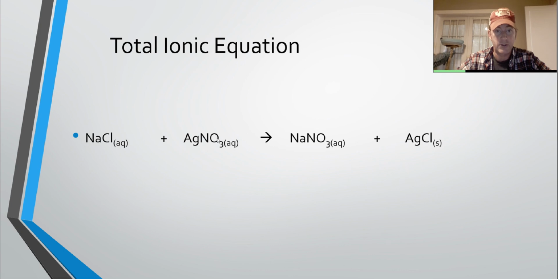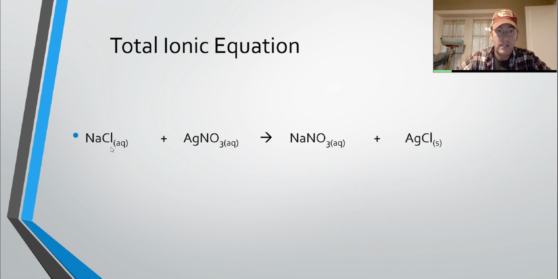It says all nitrates are soluble, so we don't even have to worry about the other part. That is aqueous. Now, what kind of reaction are we going to have here? That's right. It's a double displacement. So when we switch our parts around, we have sodium nitrate, which is definitely soluble, and the silver chloride is our precipitate. This is one of the exceptions of the chloride rule, so that is a solid.